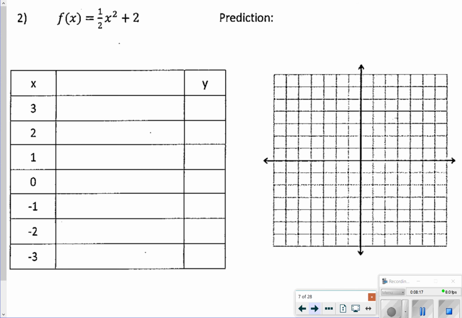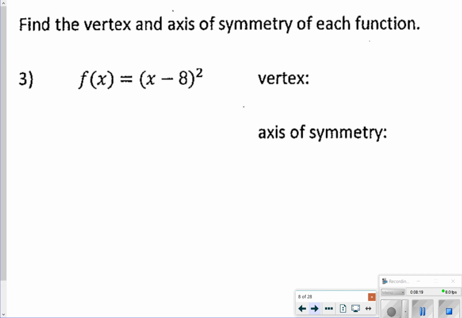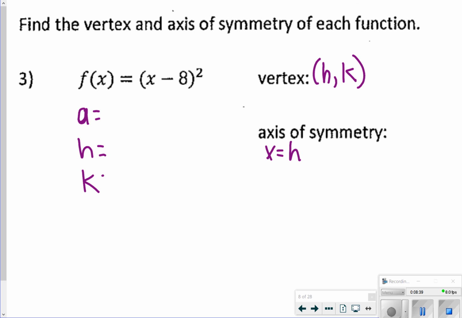So we want to make sure that our vertex is whatever h, k is, and the axis of symmetry is x equals whatever that h number is. For this one, I'm going to label A, H, and K.